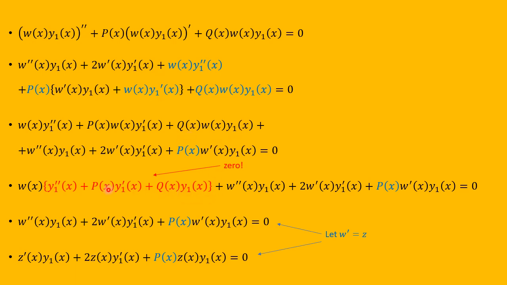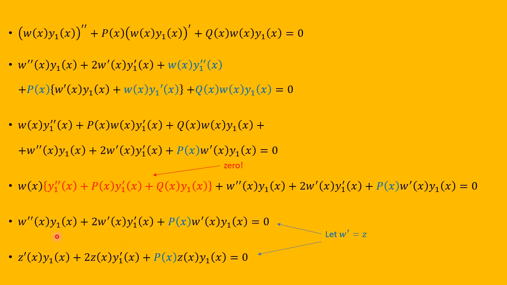And so if you look at this, you say, hey, wait a minute, y1 double prime plus p of x y1 prime plus q of x y1 is 0, because y1 satisfied the differential equation that we're looking at, that homogeneous linear differential equation. So w of x times 0 is 0. So all you're left with is this stuff right here. And so this remaining stuff, which we have here, has to equal 0.